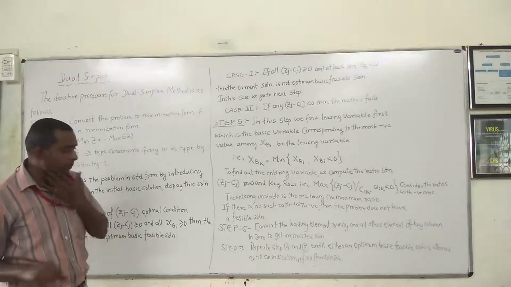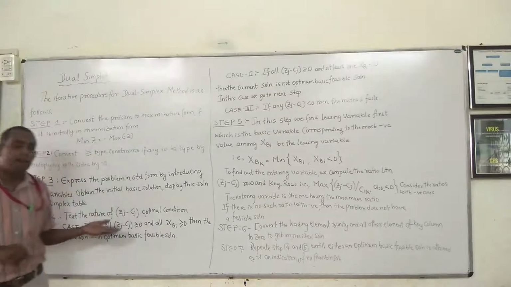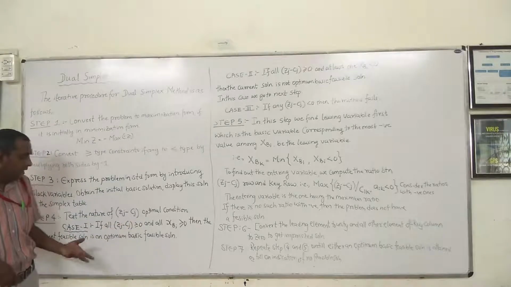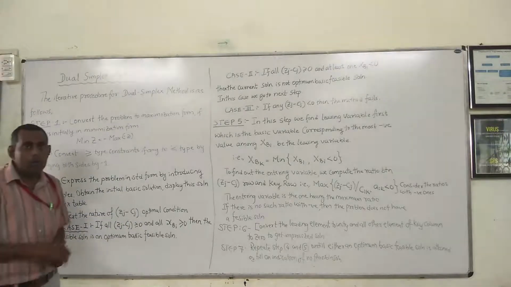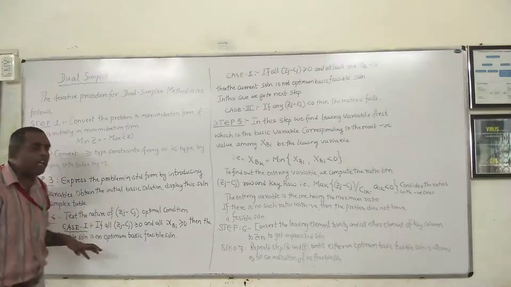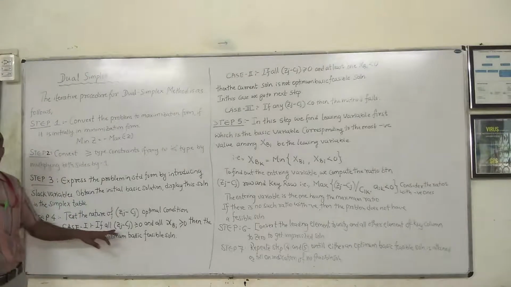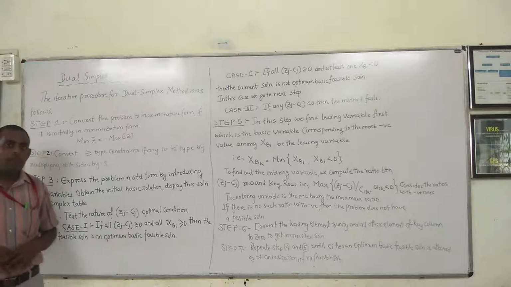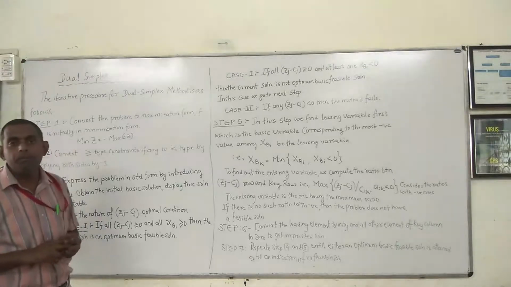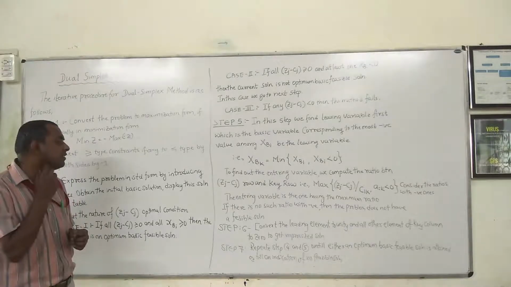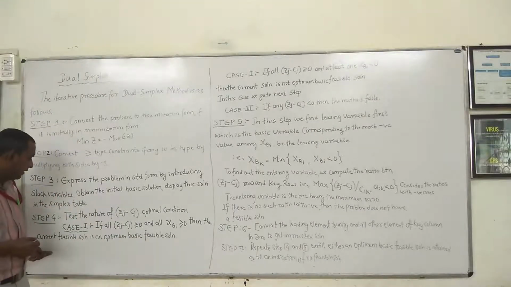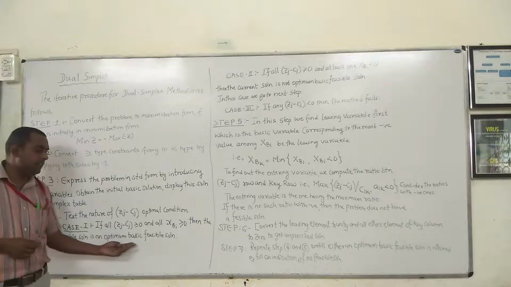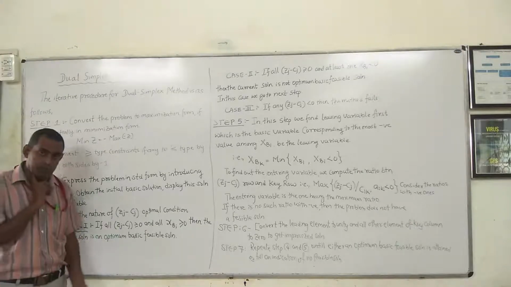Once we calculate it, there come 3 cases, and we will come across 1 of them. Case number 1: if all Zj minus Cj are greater than or equal to 0 and all xbi are greater than or equal to 0, then the current solution is an optimum basic feasible solution.